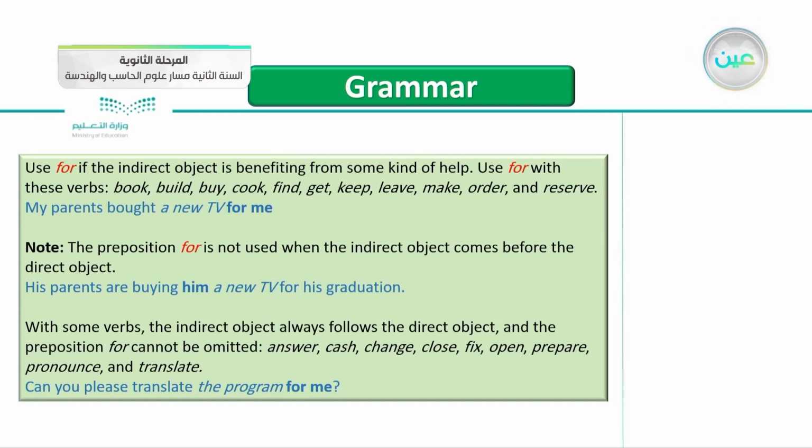So with these verbs, we cannot omit for, and the indirect object always follows the direct object. Can you please translate the program for me? So the indirect object is following the direct object, the program, and for me, and we cannot omit for here.